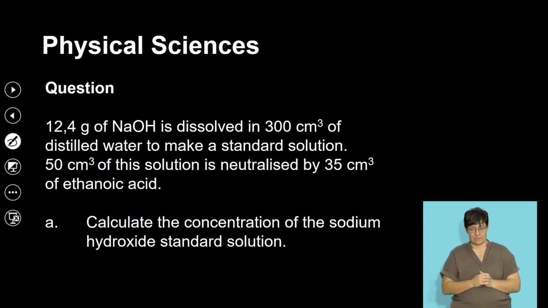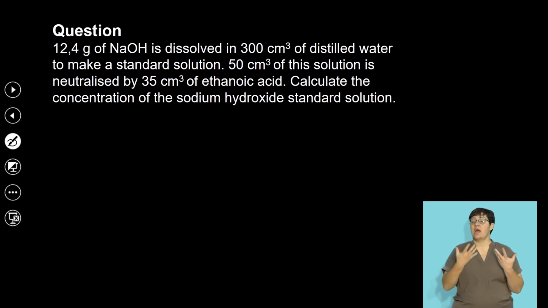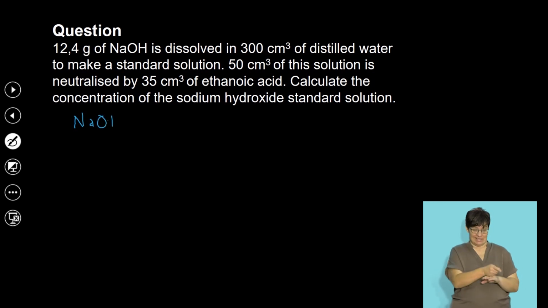Then maybe a different example altogether, because now we know all the steps. There's a reaction between sodium hydroxide, which is used to neutralize ethanoic acid. So from the onset, we are given the mass of sodium hydroxide, okay? We are also given the volume of the acid. So in this case, we've got sodium hydroxide, which is our base, okay?